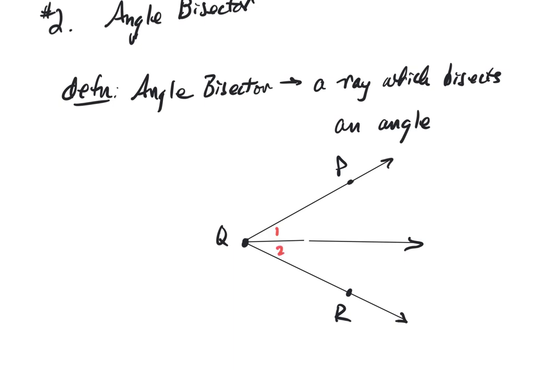Let's call these angles 1 and 2. An angle bisector is just going to be a ray which bisects, so cuts into two equal parts. So therefore, angle 1 and angle 2 are going to be equal. So that's an angle bisector. A ray which cuts an angle into two equal parts, bisects.